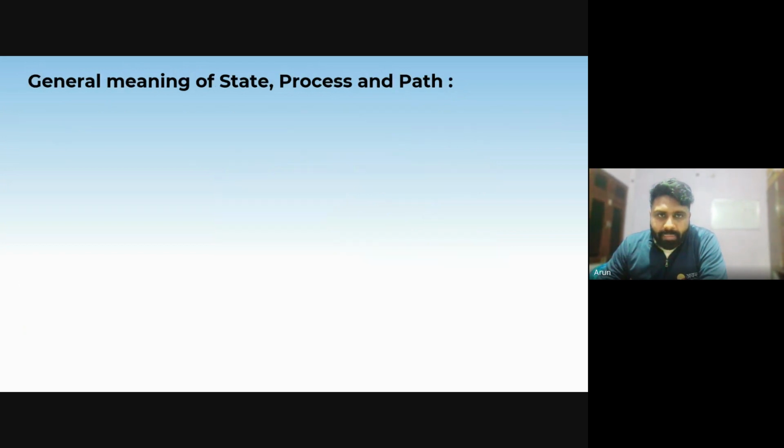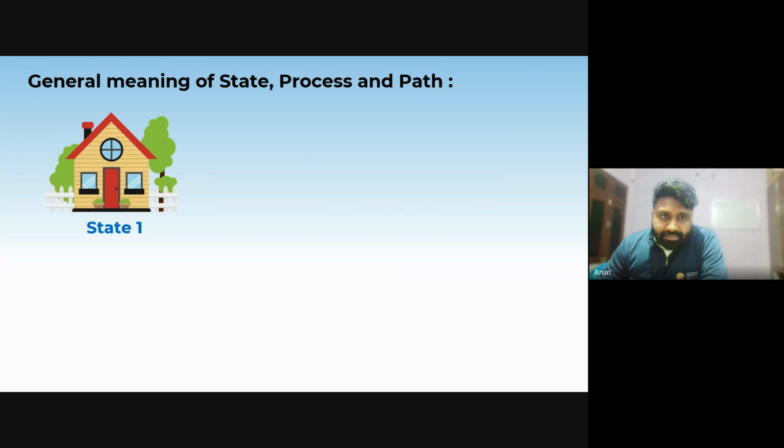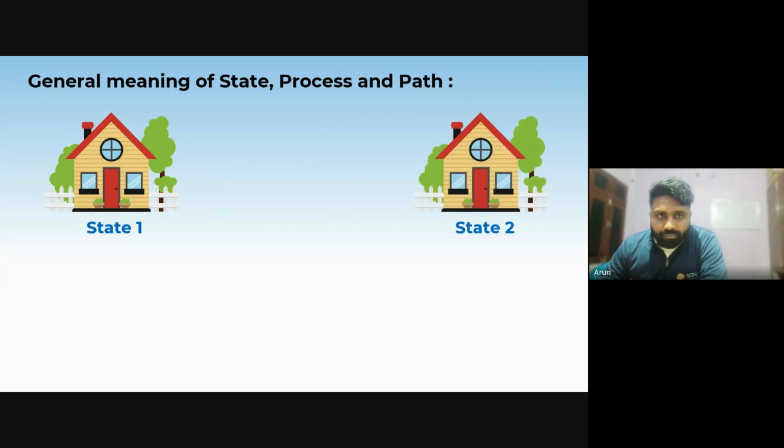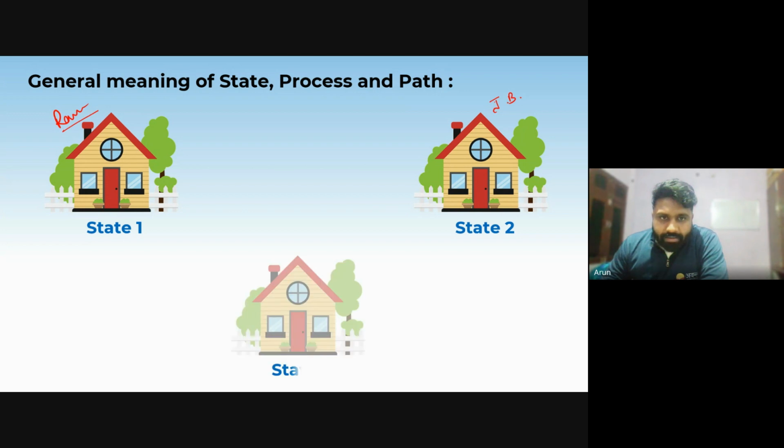Now the general meaning of state, process, and path. Let's say this is state 1, a home. This is the home of a student of JNV Ramnagara. And this is state 2, which is a student of JNV Baleri. And this is a student of JNV NZB.